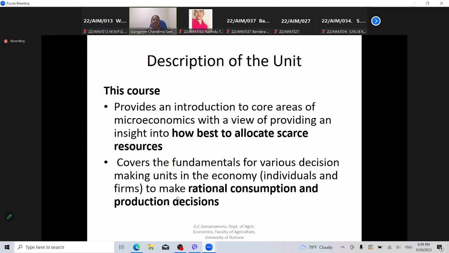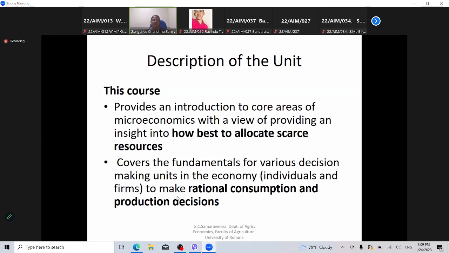Our main aim of this introduction is to provide an insight into how best to allocate scarce resources. Okay, so you know we have many resources, but they are not abundantly available. That's why scarce resources. We are going to explain this later on.